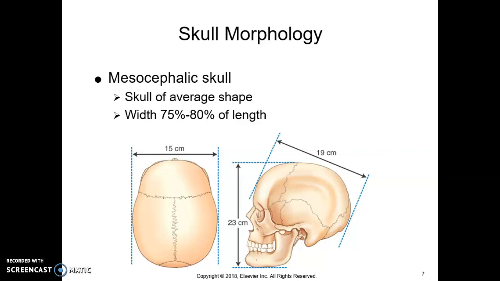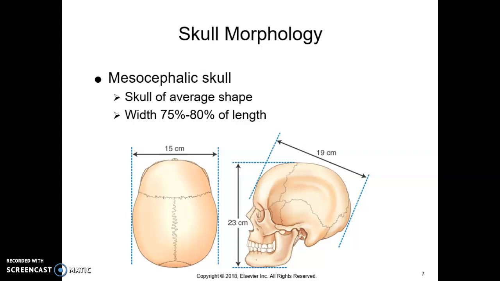Different ethnic groups can also have different trends with how their skulls are positioned, and there are slight differences. We'll go through some of them and hope that we can demonstrate some of those things in lab, and take a look at those variations that we have.